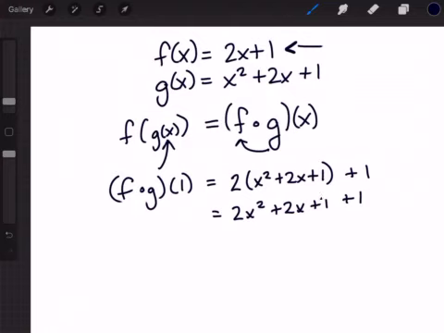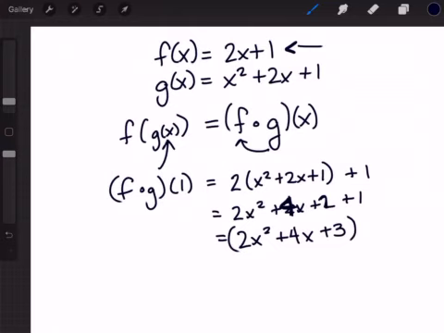Oh, excuse me, that should not be plus 1. It should be plus 2, excuse me. And that should be 4. Can you tell it's late for me? Okay. Combine like terms. 2x squared plus 4x plus 3.